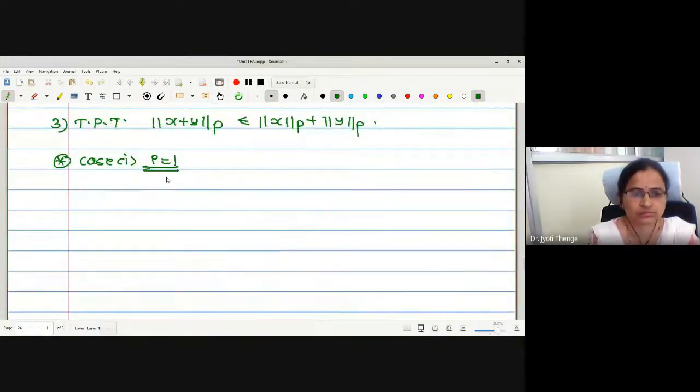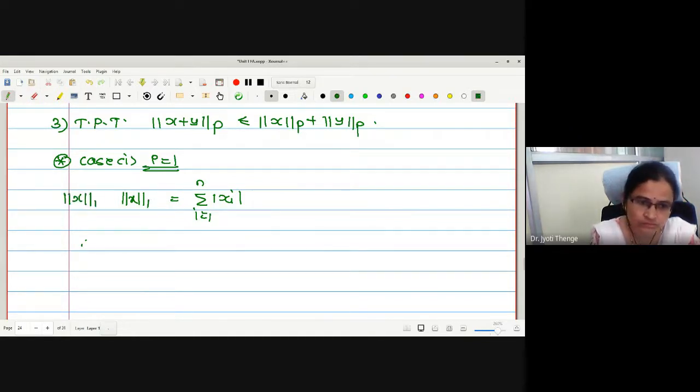Therefore, may I write this is norm p of x is simply summation mod xi, running from 1 to n. Then what about norm p of x plus y? Norm p and norm 1 also one can write. What is norm p of x plus y?